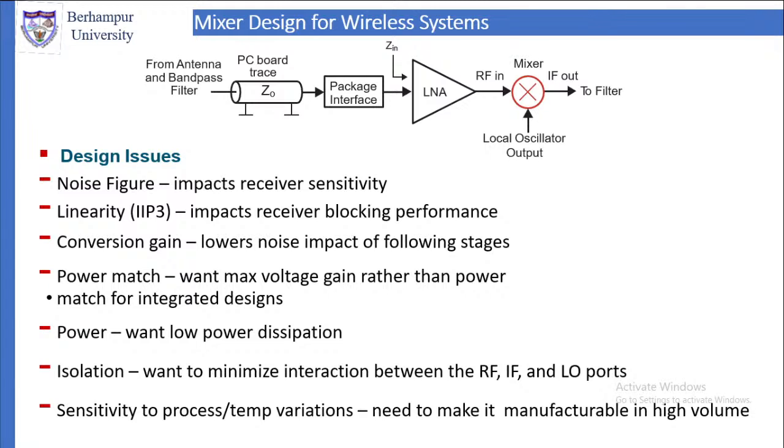Between the antenna and the low noise amplifier there must be proper matching, so that the signal received by the antenna is transferred to the low noise amplifier with minimum loss. Then the low noise amplifier is to be matched to the mixer. This is what is to be done in the circuit design.